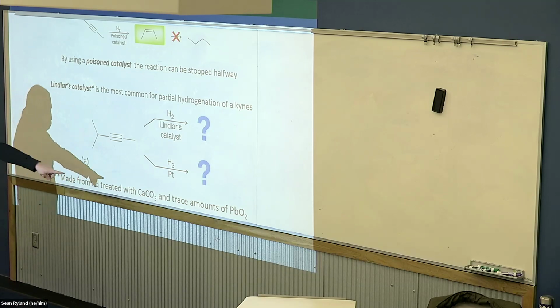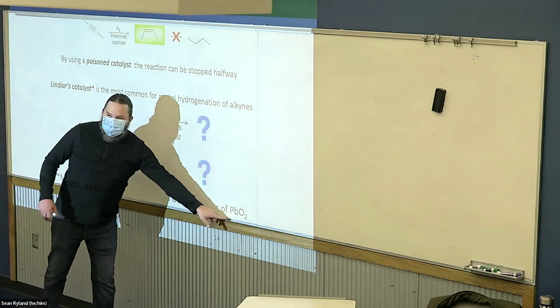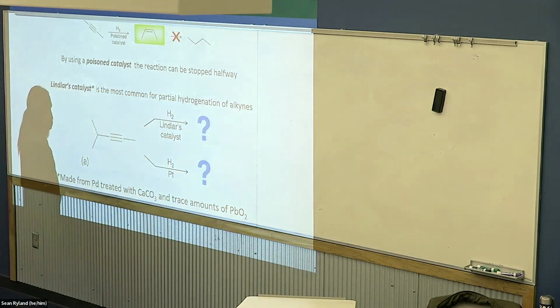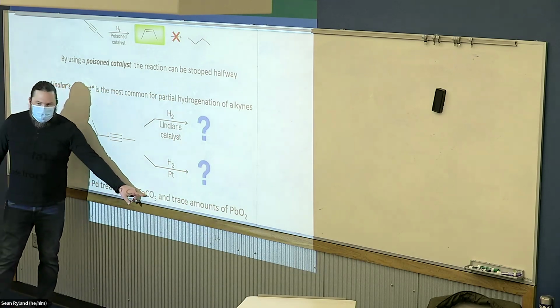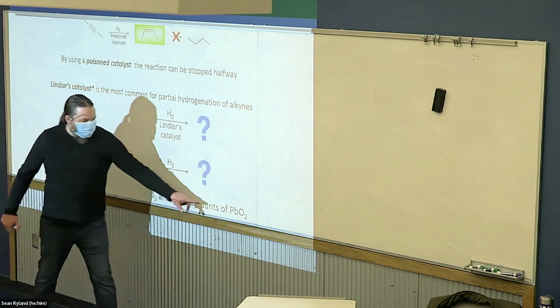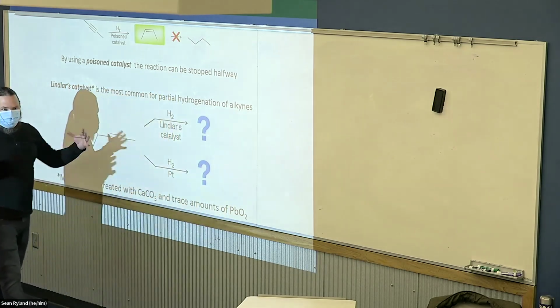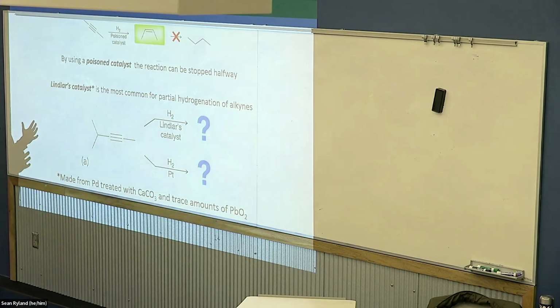Palladium treated with calcium carbonate and trace amounts of lead oxide. So palladium's a decent catalyst on its own, but if we put a little bit of carbonate down on the surface and mix it with a little bit of lead oxide, you get kind of a barrier to get into the palladium that causes it to stop the reaction halfway.